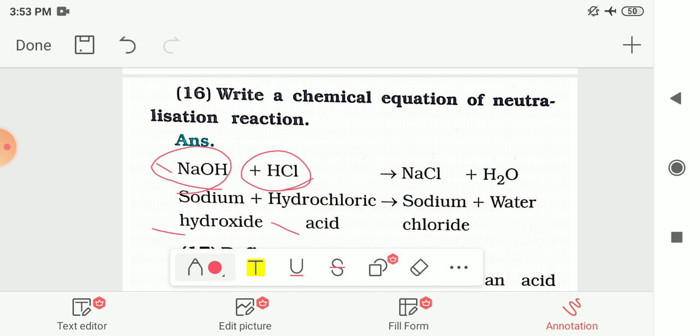So after the reaction between acid and base, we will get the salt and water. So here NaCl, that means sodium chloride, which is also known as the common salt. So this is the salt, and H2O, that means water. So after this neutralization reaction, we will get the salt and water. So this is the chemical equation for the neutralization reaction.